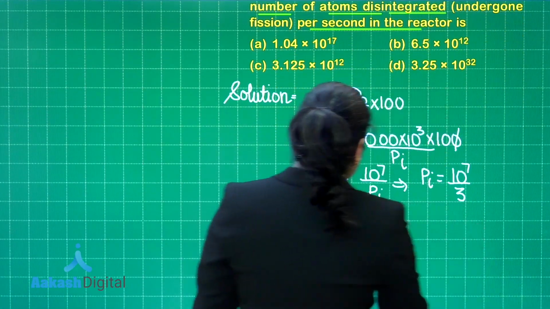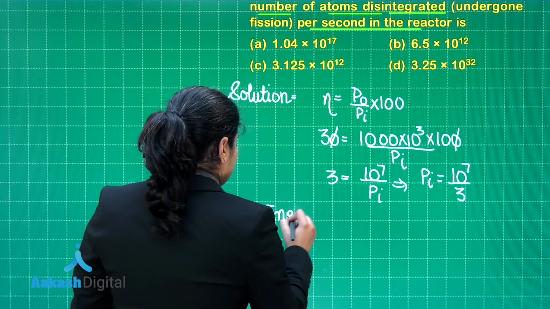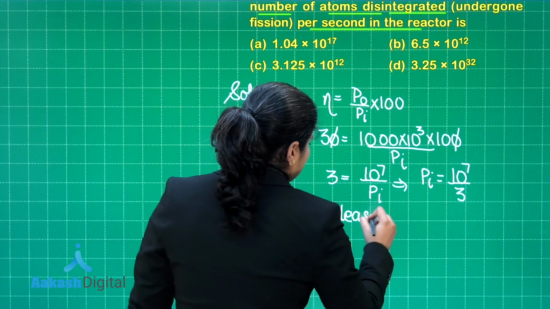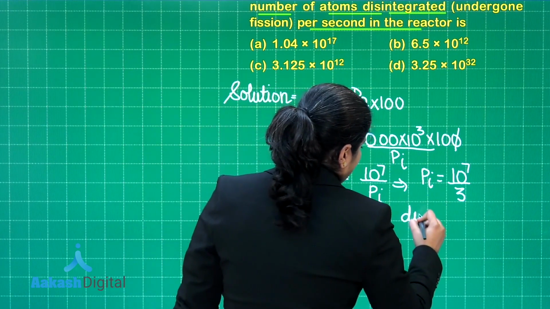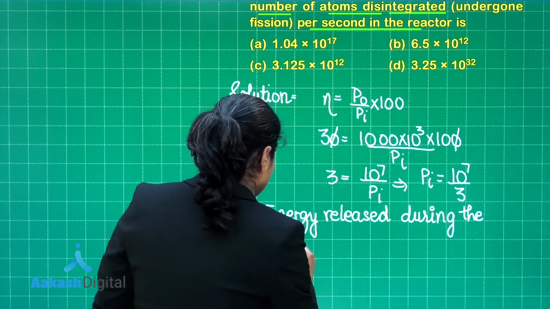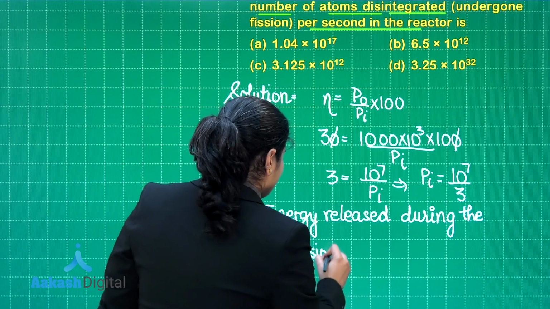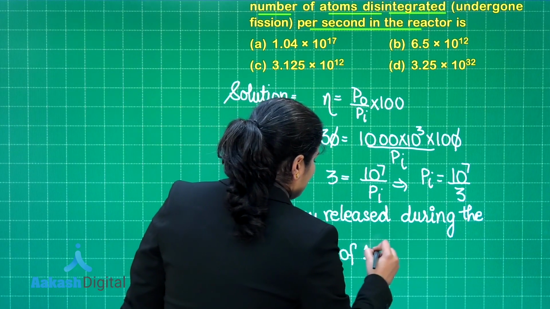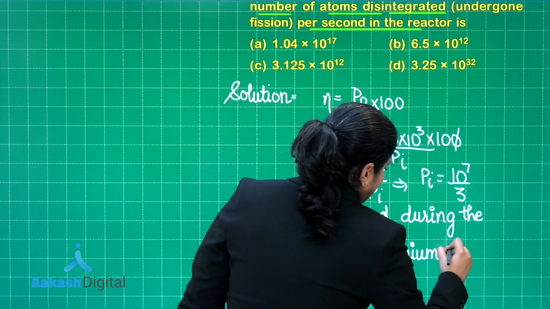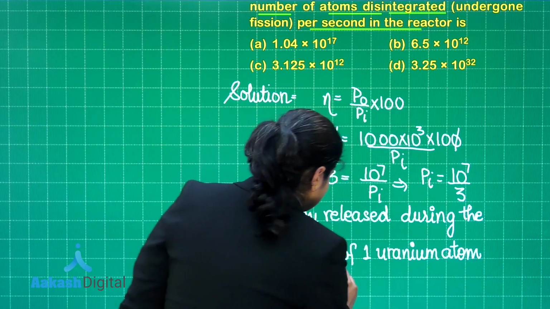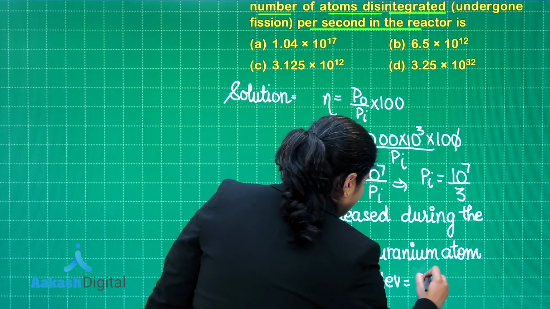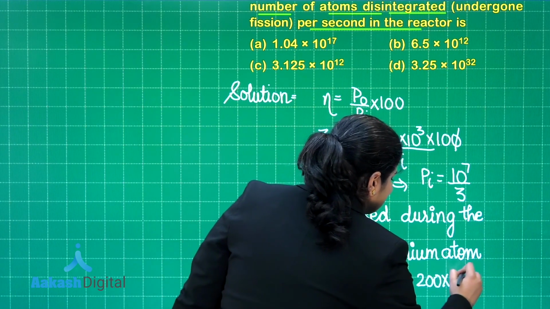So energy released during the fission of one uranium atom is 200 mega electron volt. That will be 200 into 10 raised to the power 6 electron volt.